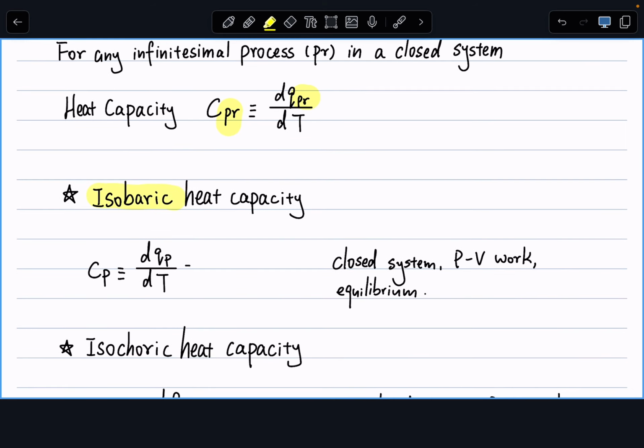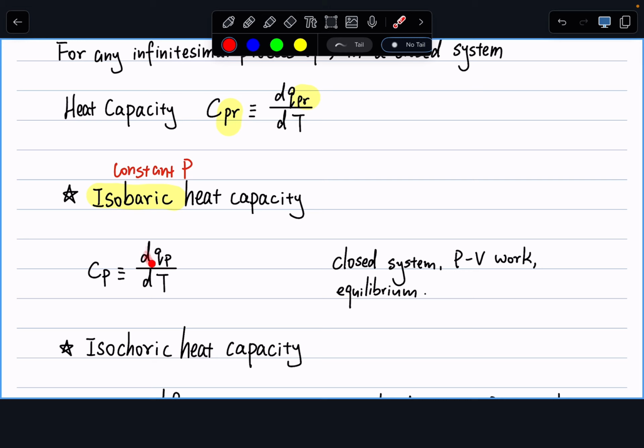Remember, when we say isobaric, what we're saying is pressure is kept constant. And hence, we replace this PR with a little p, so that subscript P tells us that's the isobaric heat capacity, or heat capacity measured at constant pressure.